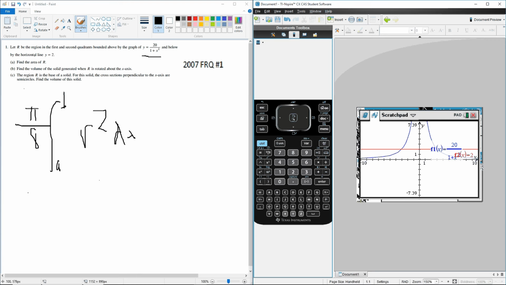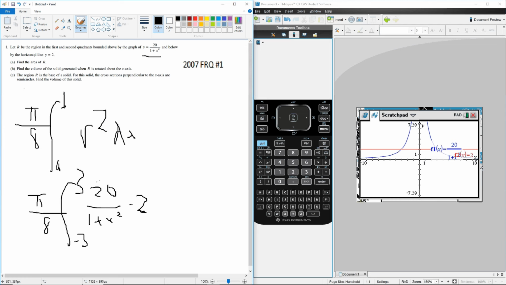So pi over 8 times the integral from -3 to 3 of 20 over 1 plus x squared minus 2, and that's all going to be squared dx.